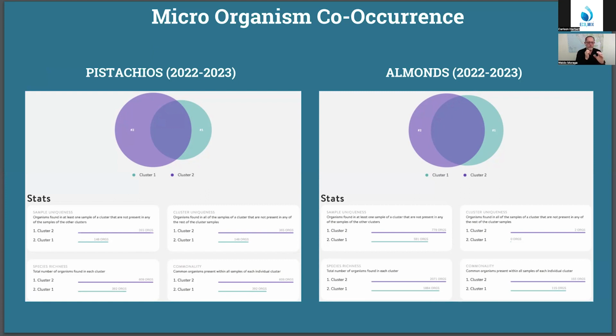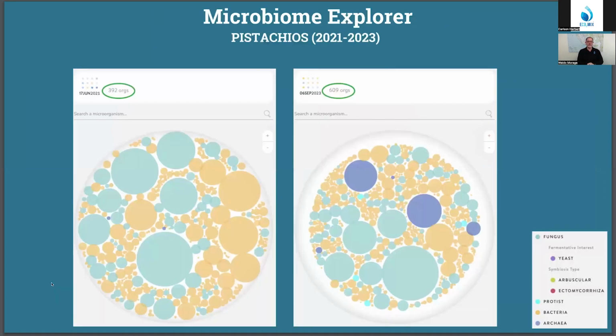And the purple one is the 2023 results. So we grew from 392 different microorganisms to 609 in 2023. That's huge, and it's easy to see because of how big the circle is.